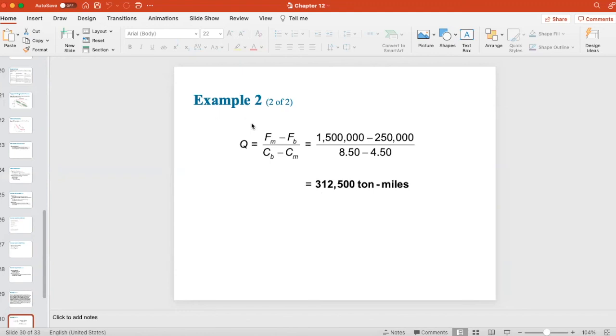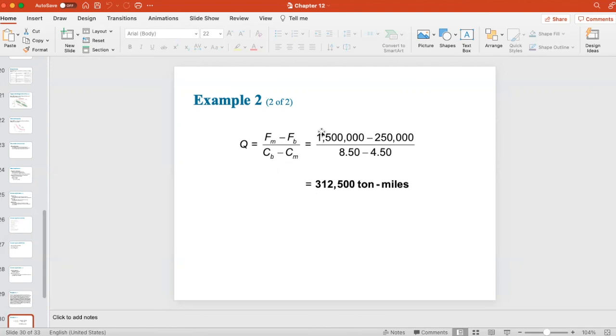Since this is an order quantity, the amount has to be non-negative. So no matter which fixed cost you subtract from the other, finally you take the absolute value to get the break-even order quantity. Here we have the vertical integration fixed cost, the outsourcing fixed cost, the variable cost for the vertical integration process, and the variable cost for the outsourcing process.